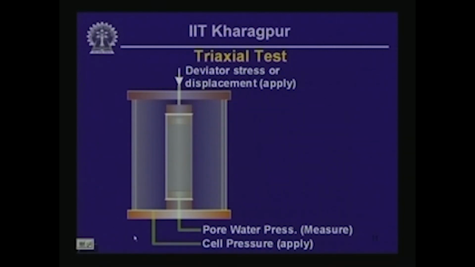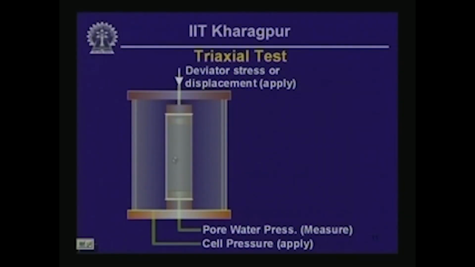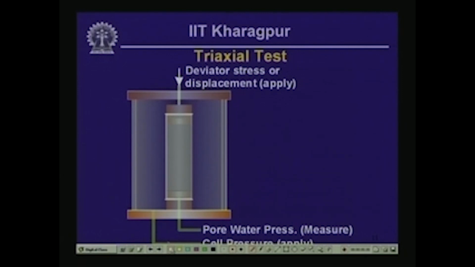Okay. So, that is how a triaxial test is carried out, and what you should also notice is that within the top pedestal there is a porous plate, and the use of that will be illustrated later, and similarly there is another porous plate at the bottom, and that allows us to measure the pore water pressure within the element.